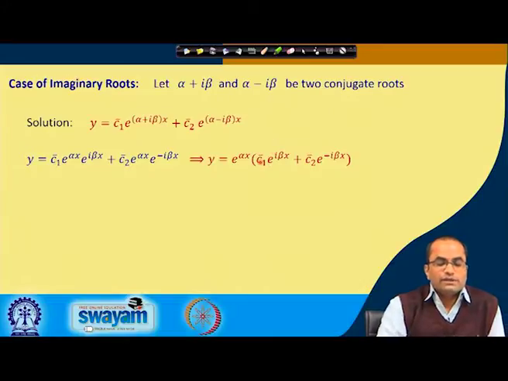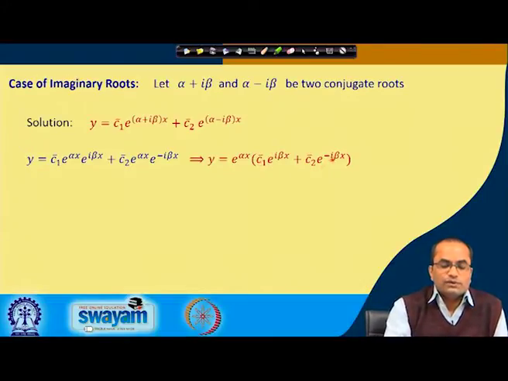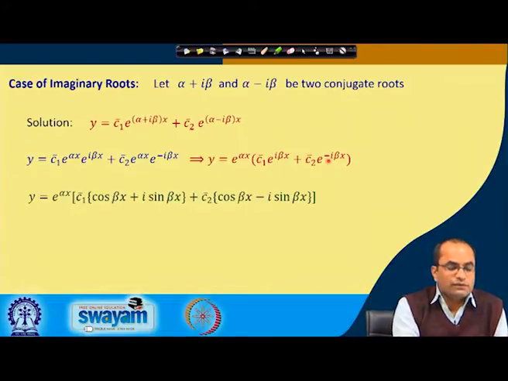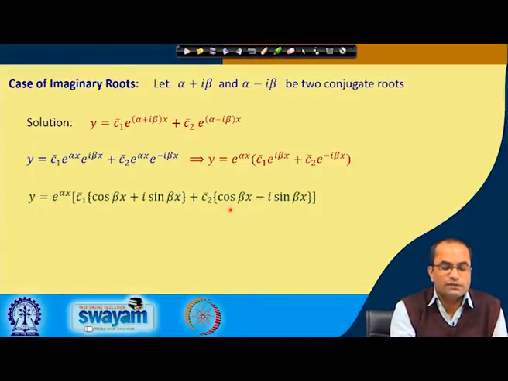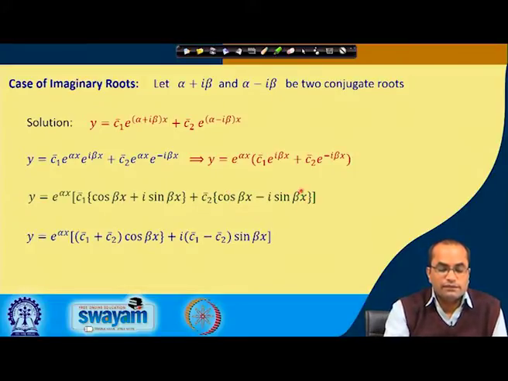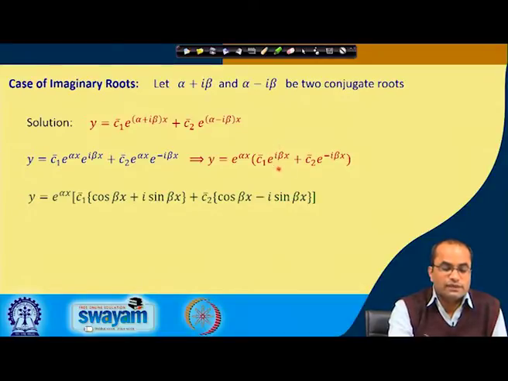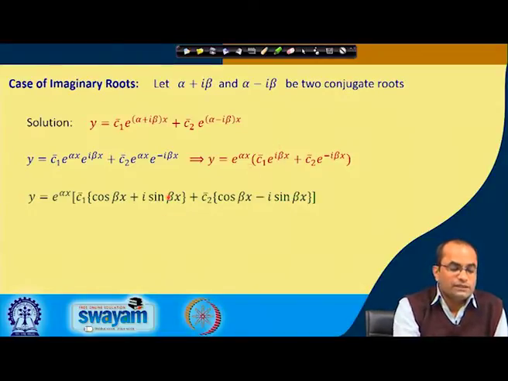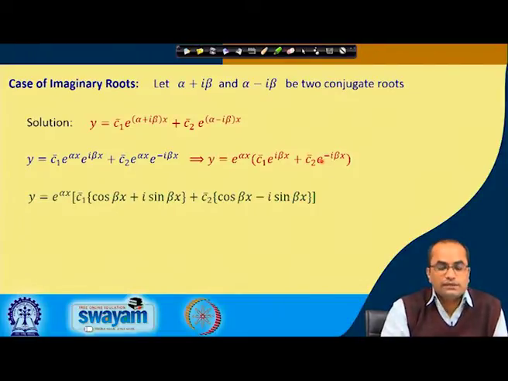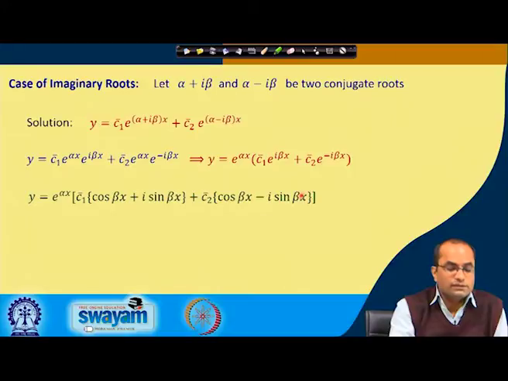And then the exponential with i beta x, or with minus i beta x, we can expand in this form, cos beta x plus i sin beta x, and for C 2 also we can have cos beta x plus i times sin beta x. That is, we can expand e power i beta x in terms of cos and sin, and e power minus i beta x also in terms of cos and sin.